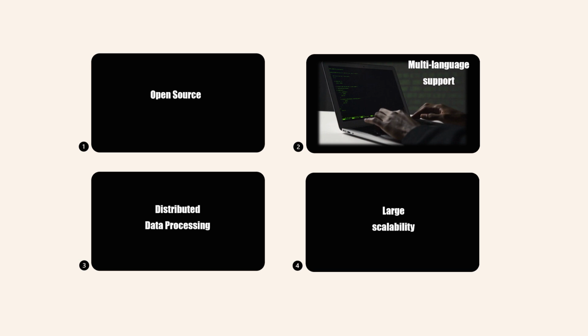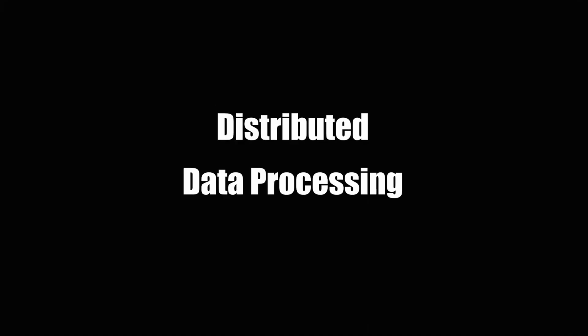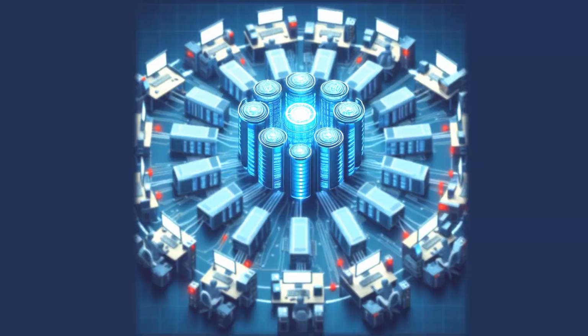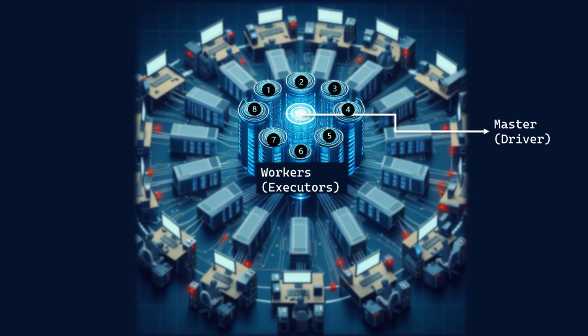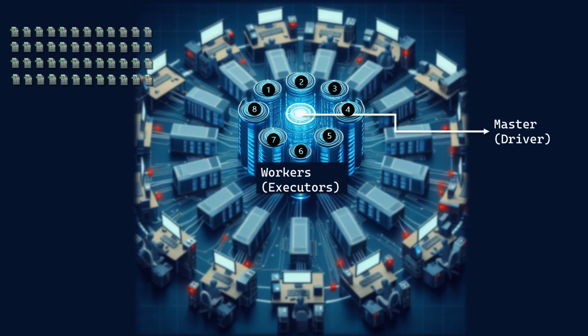Now let's take a look at the distributed data processing aspect of Spark. Within Spark, it has a concept of master, which is also called a driver, and workers. These workers are also called executors. How it works is, let's say you want to process data using Spark. The master would divide that data set among different workers and break it into chunks.